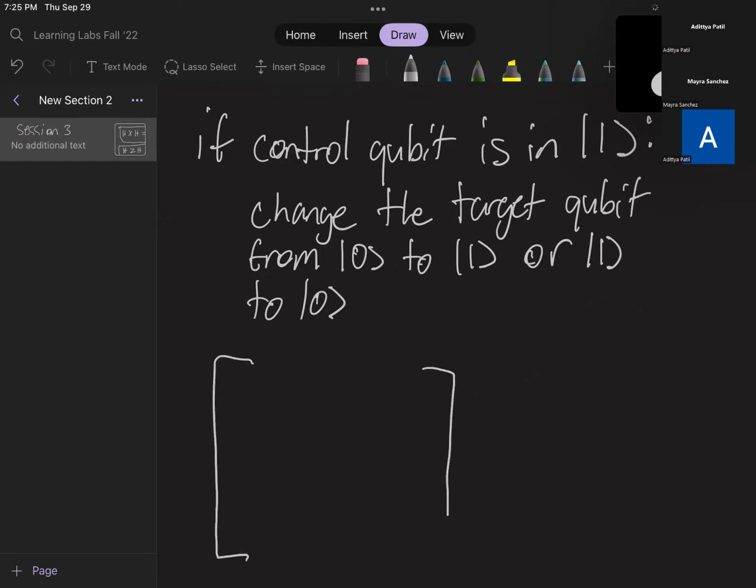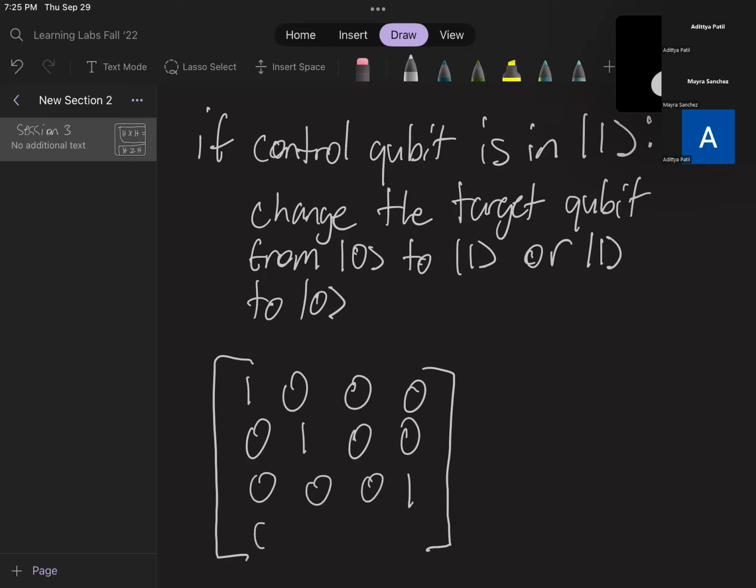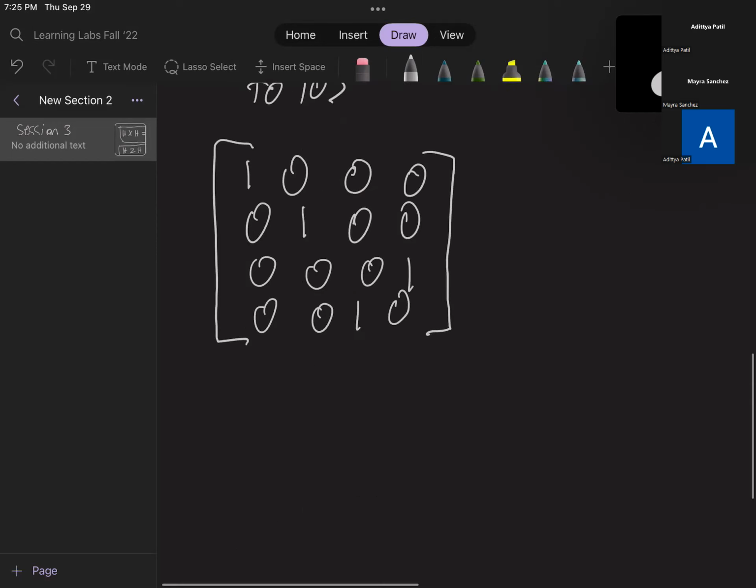In its most basic form, this is how we can represent a CNOT gate as a matrix, and it will operate on 2-qubit states at a time. One question you may have is, it's a 4x4 matrix, so how do I multiply it? Or how do I apply this to 2 qubits?